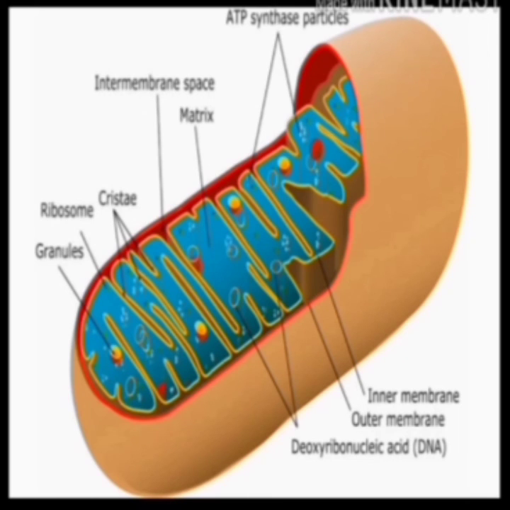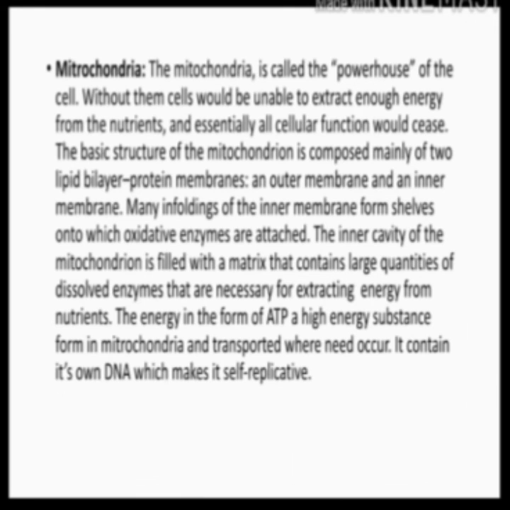Another special substance is present which is known as a matrix. It's a fluid which contains the enzymes for energy metabolism. It also contains its own DNA which makes it self-replicative. ATP is formed in mitochondria and transported out of the mitochondria to where the need occurs.